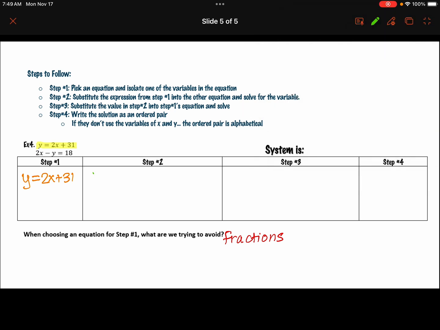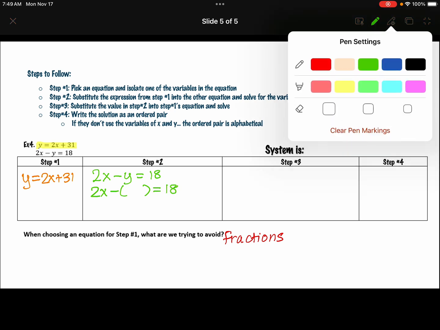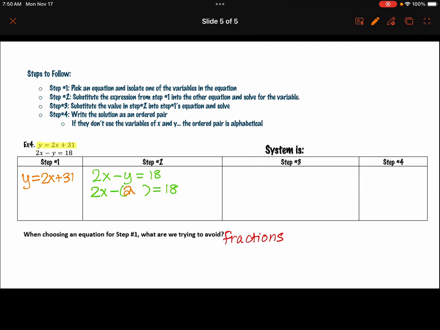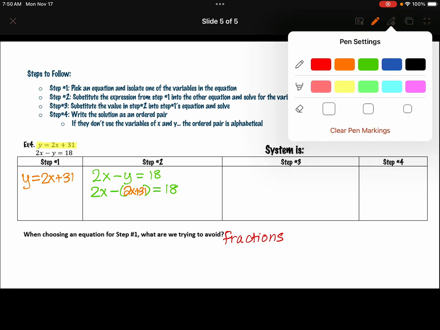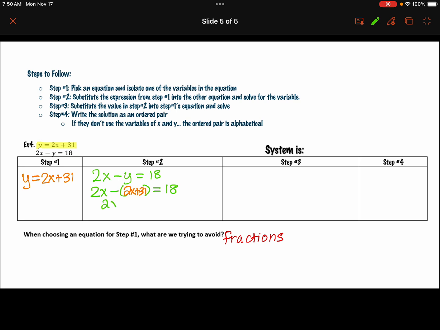And then I've got 2x minus y equals 18. 2x minus y equals 18. And I am going to substitute in 2x plus 31. So I have 2x minus 2x minus 31 equals 18. So negative 31 equals 18.